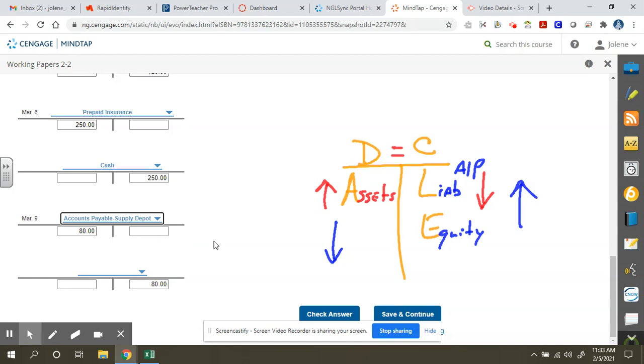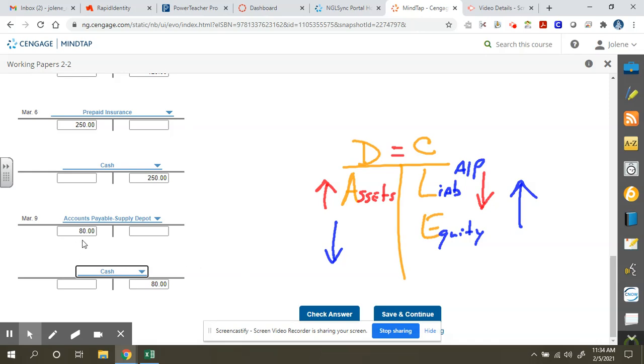And you say, well, Miss Allie, liabilities go up on the credit side. Yeah, but they're paying $80 on it. So this reduces it by $80. That's why it has to go on the debit side. It says on here that paid cash. So I got to go with the cash. So John's cash is decreased. This red arrow, cash is decreased. That's why it's over here.